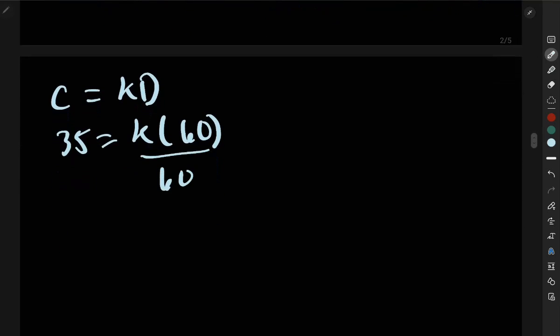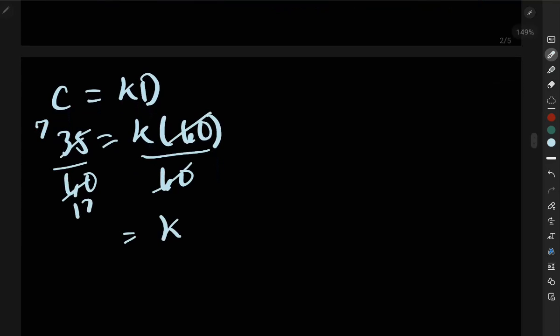We'll divide 60 on both sides. K is equal to 35/60, divided by 5, this is 7, this is 12, because the denominator and numerator are both divisible by 5. So K is 7/12.